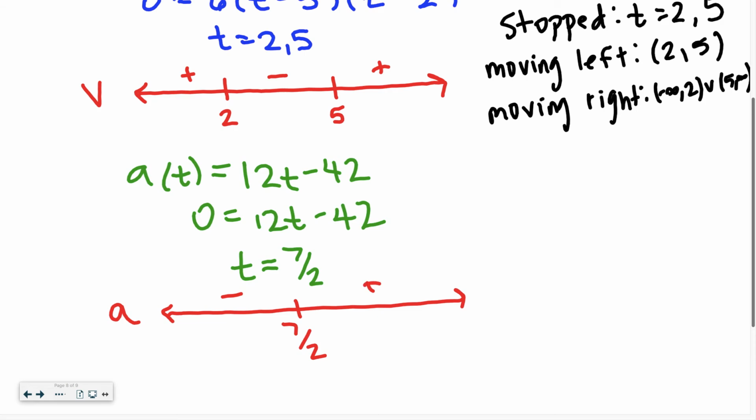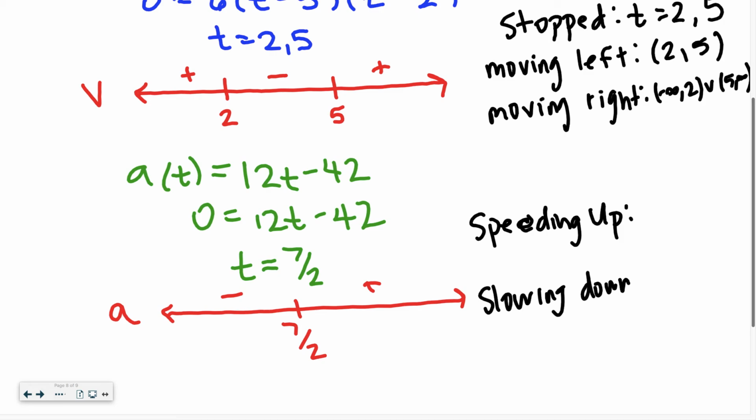Okay. So if I want to know where we are speeding up versus slowing down, I need to compare these two right here. Right? So starting at 0, we have positive velocity and negative acceleration, right?